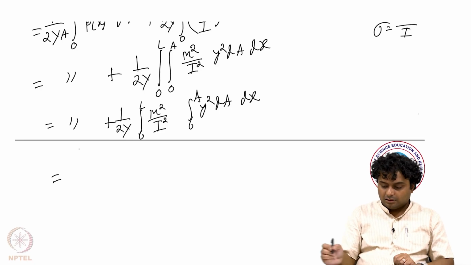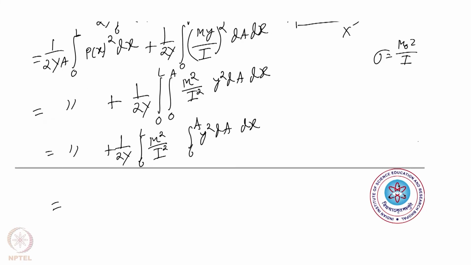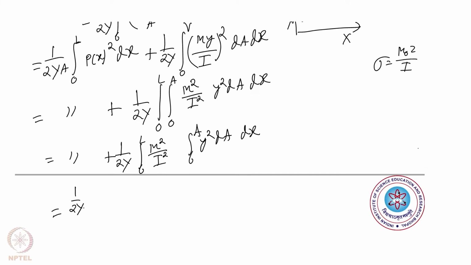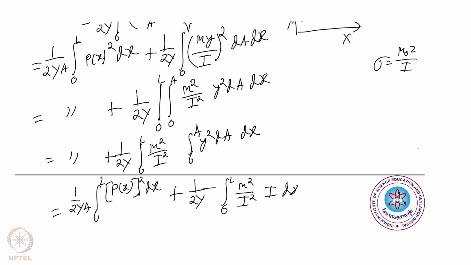So equals to, then again the first term as it is, I wrote 1 by 2YA into 0 to L Px whole square dx plus 1 by 2Y, here the capital Y is the Young's modulus, into 0 to L M square by I square into I dx, right.